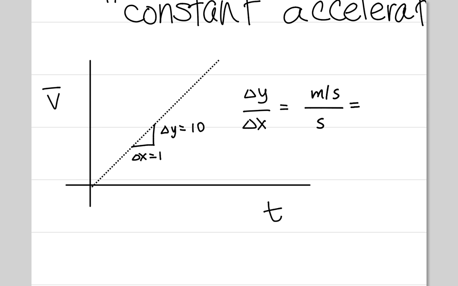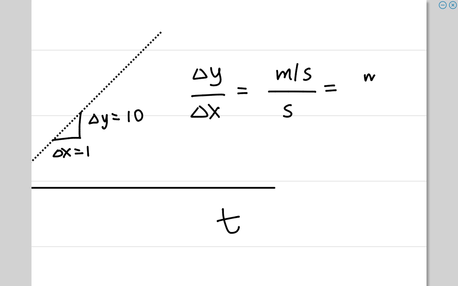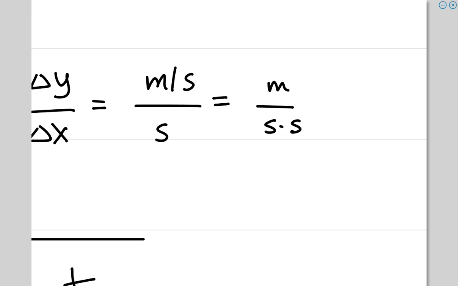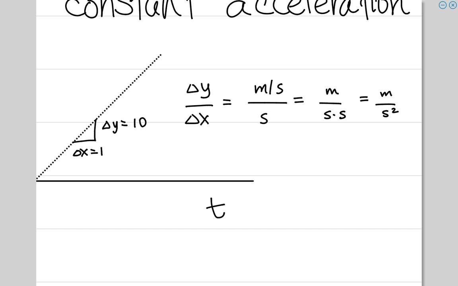So we get this new derived unit of meter per second per second, which is just meter per second squared. Okay, so that's the unit for acceleration. It's every second your meters per second changes. So it's meters per second squared. Okay?